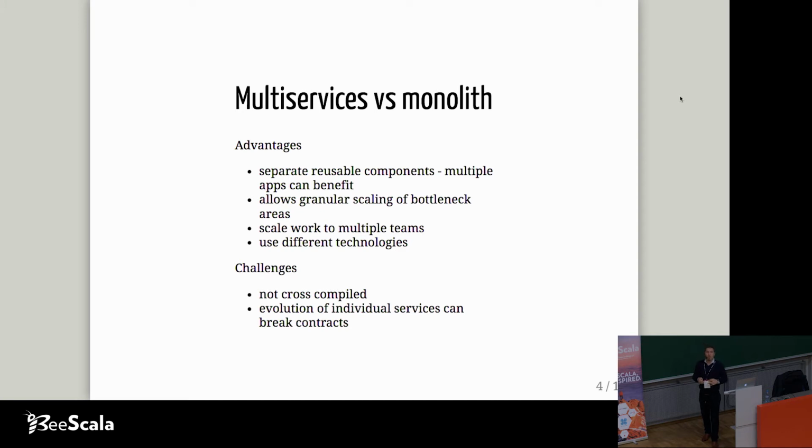Now, of course, the microservices architecture comes with some challenges. When you have a monolith, it's kind of simple, especially with a strongly typed language. You have everything compiled, so everything is cross-checked. The compiler is going to inform you, hey, you're not respecting the types here anymore.